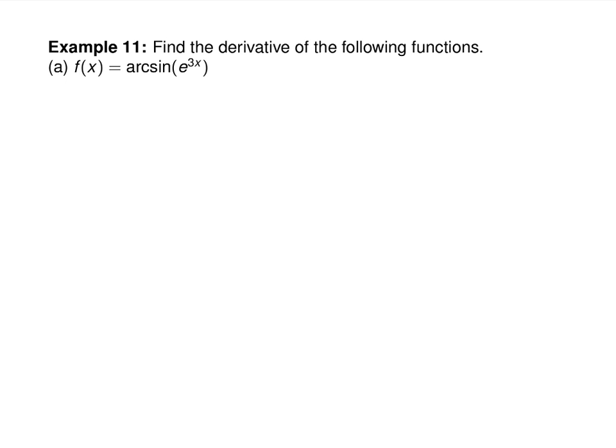Okay. And then a couple that use arc sine, arc cosine, and all that fun stuff. So what's the derivative of arc sine? 1 over root 1 minus x squared. Okay, so first we'll have 1 over the root, 1 minus what goes in for the e to the 3x, and that is squared, times the derivative of e to the 3x.